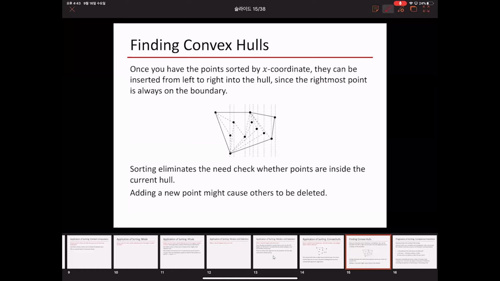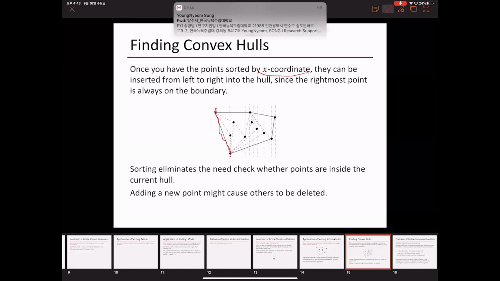So finding the convex hull is easy in this way. You sort in the x coordinate, then insert points one by one. First, second, you draw a line. When there's a third one, you draw again.